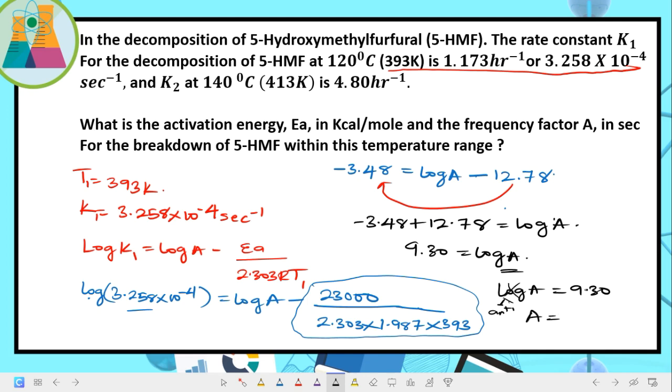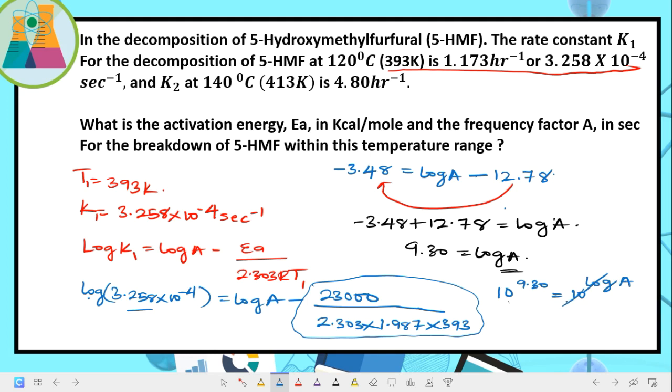So our A will be the antilog of both sides, which is 10 raised to the power of 9.30. Antilog is 10 raised to the power of anything. So 10 raised to the power of 9.30 is equal to 10 raised to the power of log A.